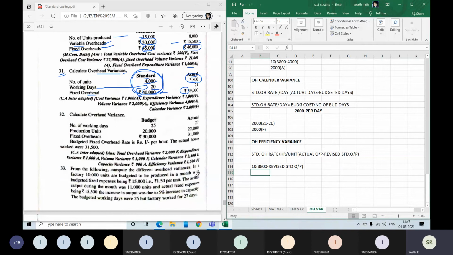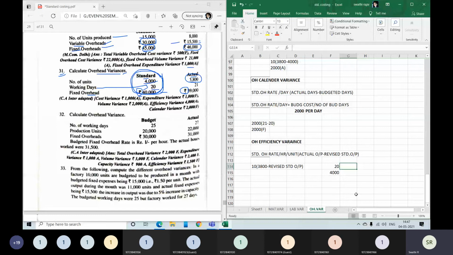Just getting back your memory a bit to material or labor variances, when we had to convert, what has happened is standard is what we are converting. We thought in 20 days we can produce 4,000 units. But how many number of days did we actually take?